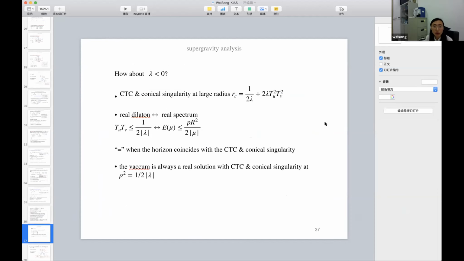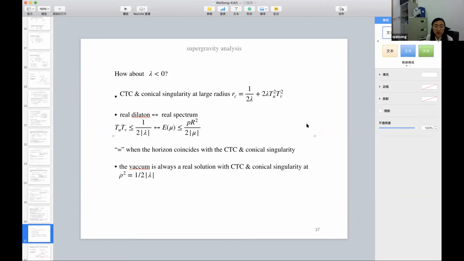One can also consider this lambda negative situation. In that case, one can also find this upper bound of the energy by requiring the solution has a real dilaton.